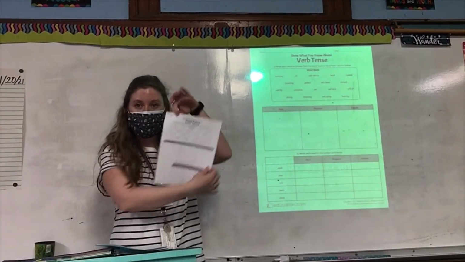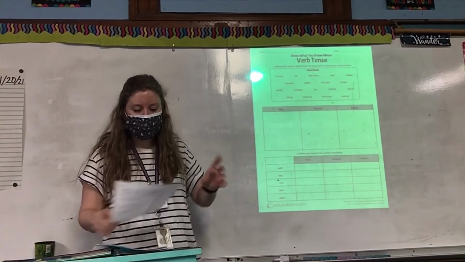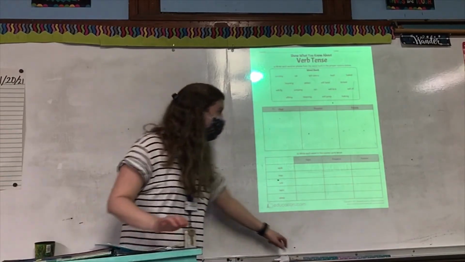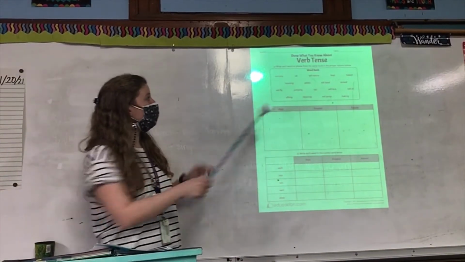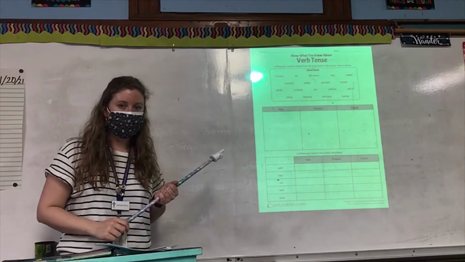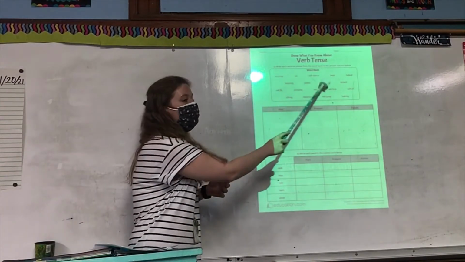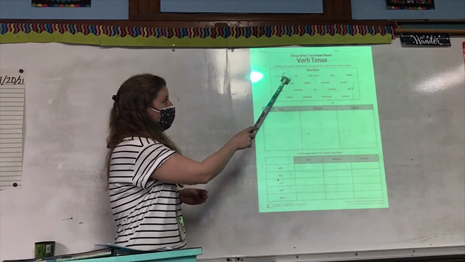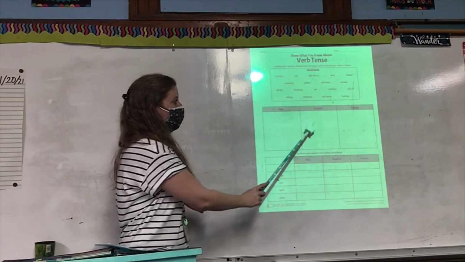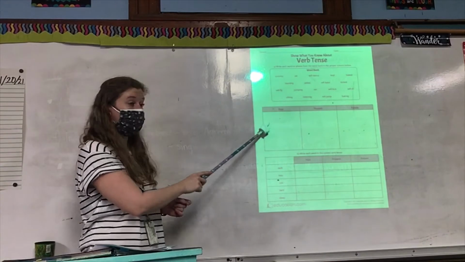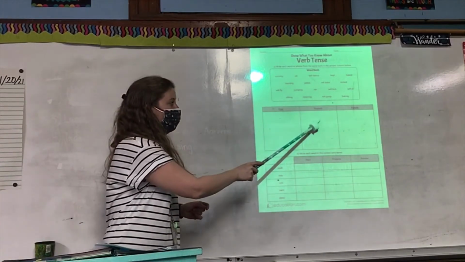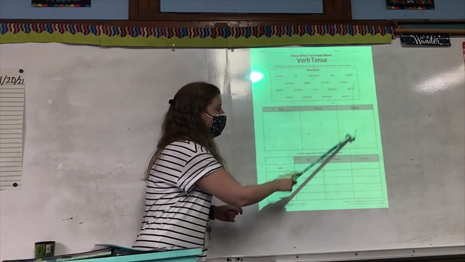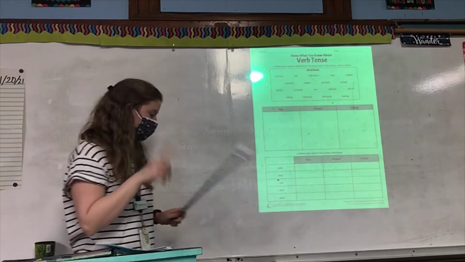You'll see it has GP1 in the top left corner. We have a very large word bank. We're going to sort these words. We have to write each word or phrase from the word bank into the proper column below. So we have a column for past tense verbs, a column for present tense verbs, and a column for future tense verbs.